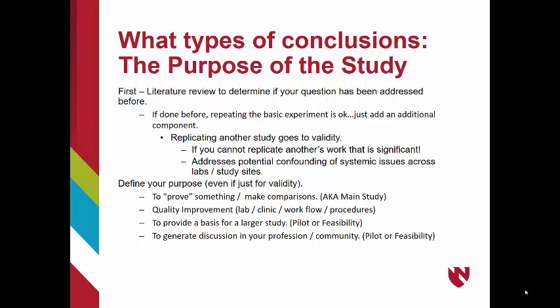If you can't, though, that's significant as well, because that says this may not be generalizable to every clinical or laboratory setting. You can also potentially address confounding systemic issues across different locations, which would be good to know. What if you get a different result? What's different about your setting versus the setting it was originally done in?